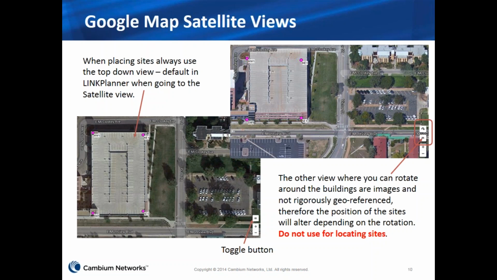But these are definitely more images, and they're not rigorously geo-referenced, so as we move around the view, the points I put in are no longer in the same positions relative to the building. So please don't use that view if you're actually trying to locate a site accurately.